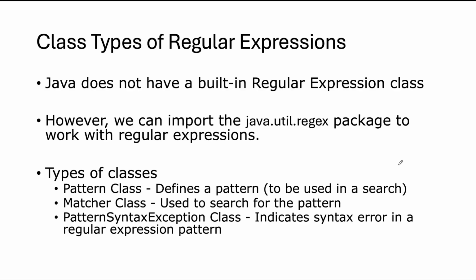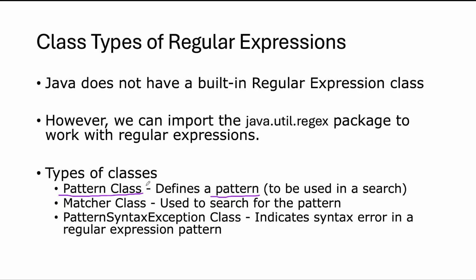In regular expressions, there are three types of classes. The first one is the Pattern class. In the Pattern class, you define what kind of pattern you are trying to search, whether you are trying to search integers, strings, or some special characters. Those definitions you will first mention in the Pattern class.